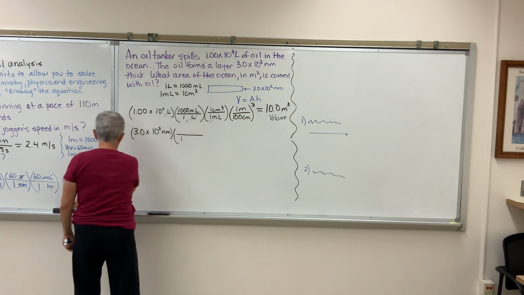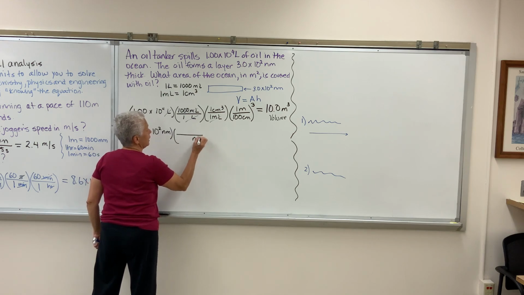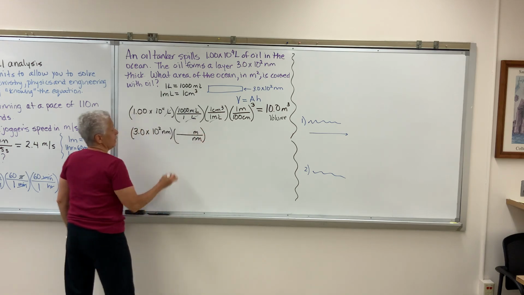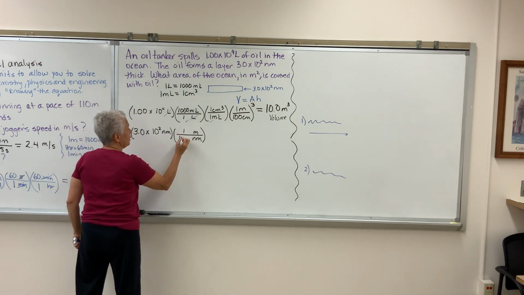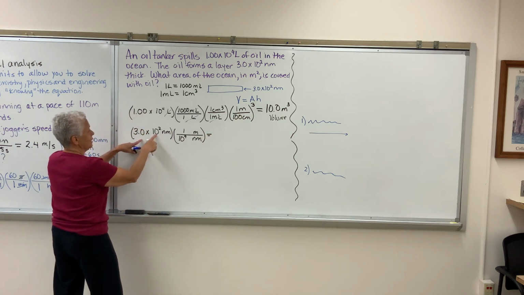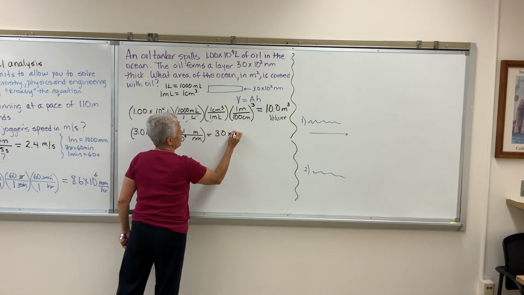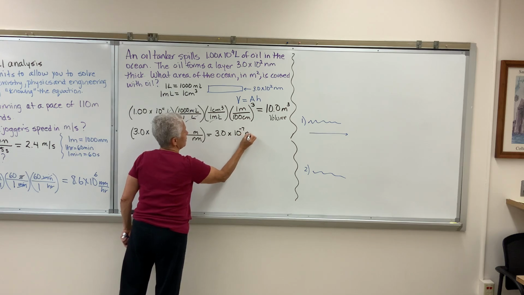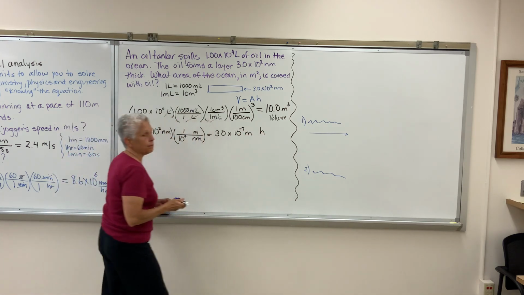I shouldn't do 1 at the bottom because I have to do the conversion first. I need nanometer here, I need meter here. If you recall, nano is 10 to the 9, so 1 meter is 10 to the 9 nanometers. So this is going to give me 10 to the 2 divided by 10 to the 9. So I have 3.0 times 10 to the minus 7 meters. That's the height. So that's h, all right?